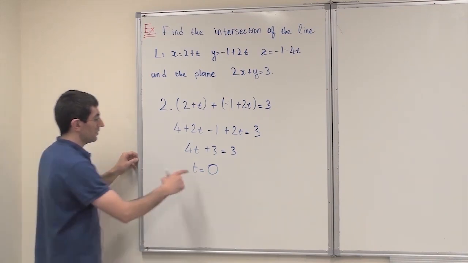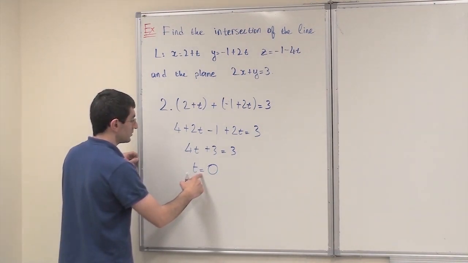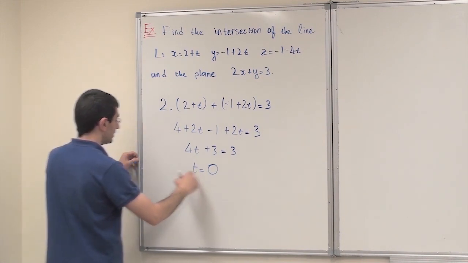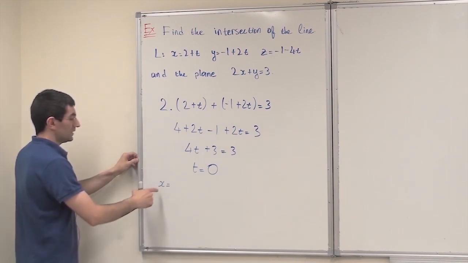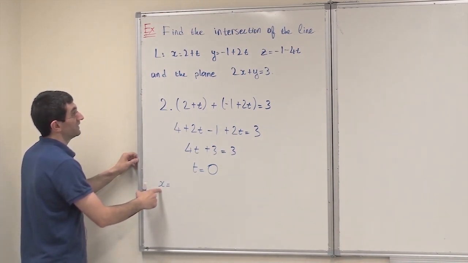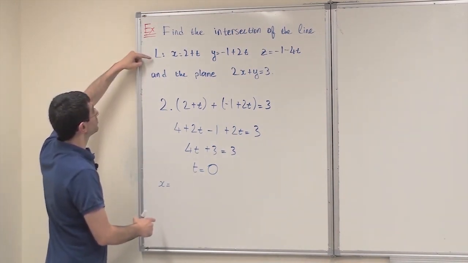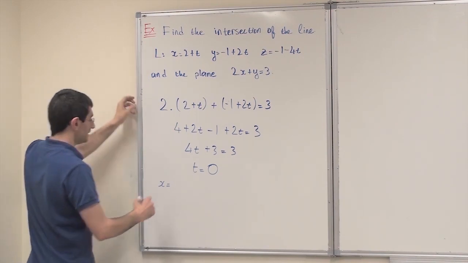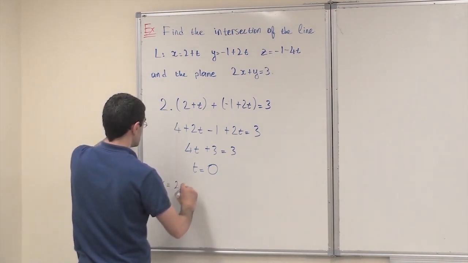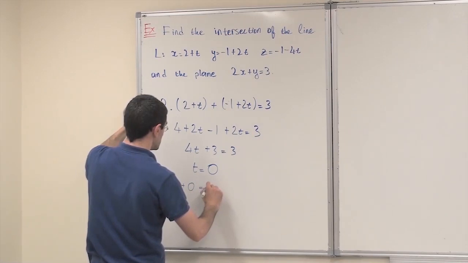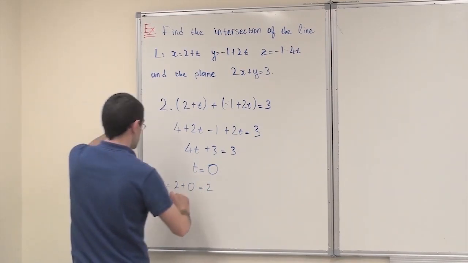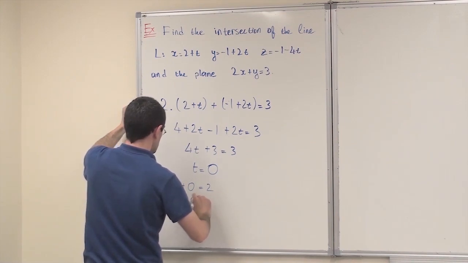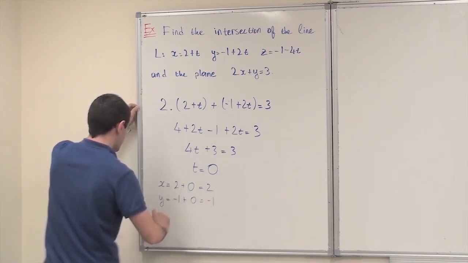Now, when t is equal to 0, what are the values of x, y, and z? For that, we use the parametric equations of the line. So the x will be 2 plus 0, which is 2. The y will be minus 1 plus 0, which is minus 1.